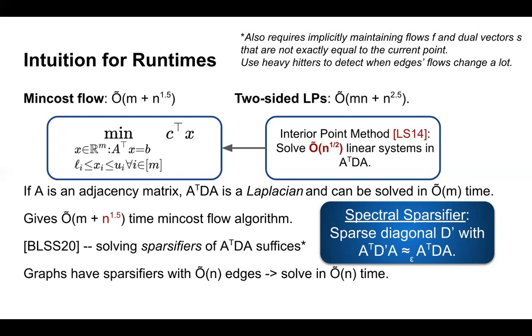If we're able to detect each of these in O tilde 1 time, that's where the extra m in m plus n to the 1.5 comes from. We detect when every single one of the m edges changes in O tilde 1 time, and we update those throughout the method. That's where the extra m comes from, and why it's difficult to get that last m to work out properly.